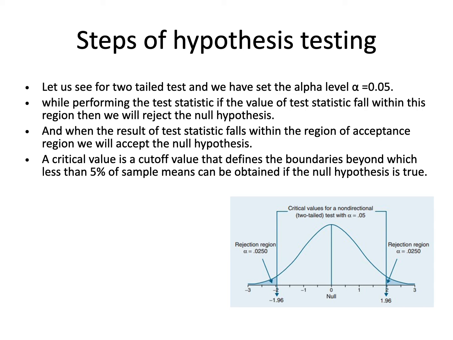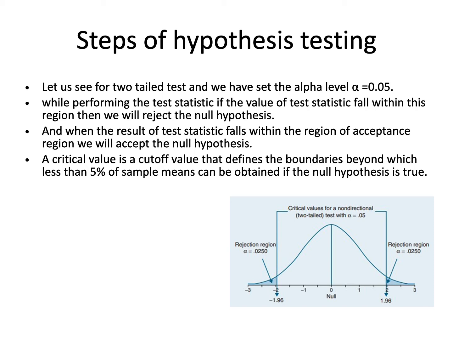This is the 0.475 area on the left and 0.475 area on the right of the mean, and in total it will be 0.95 area remaining around the mean.